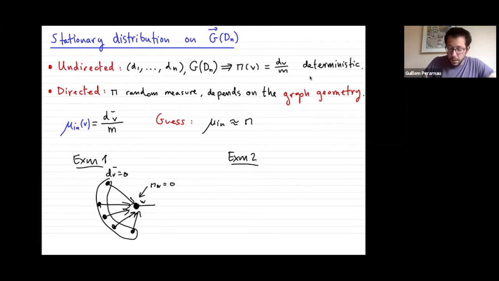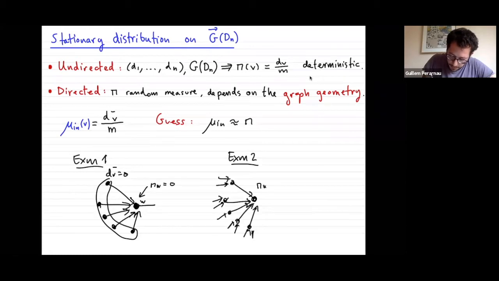And in the other direction, maybe there's a vertex that for some reason is very popular, and is also connected to vertices that are also very popular. So pi of W is large, but maybe this vertex only has out degree 1 and connects to a vertex, let's call it Z, that has only in degree 1.